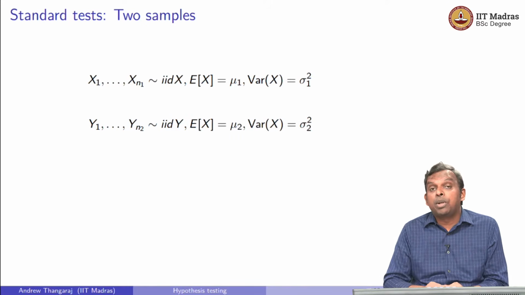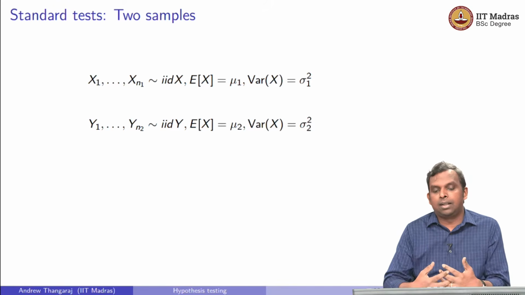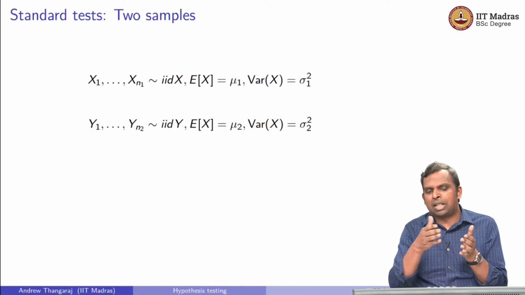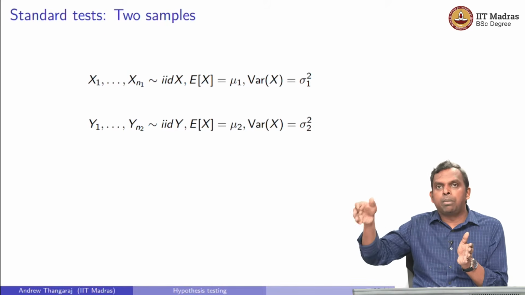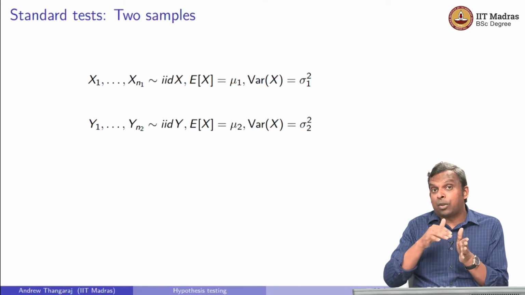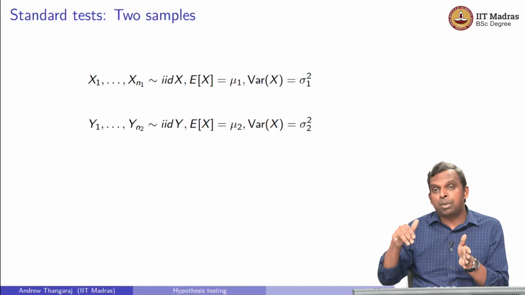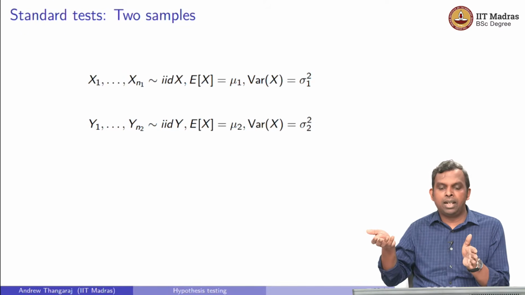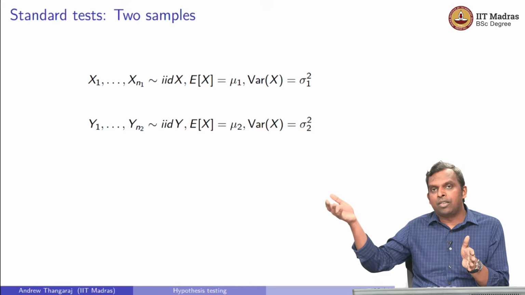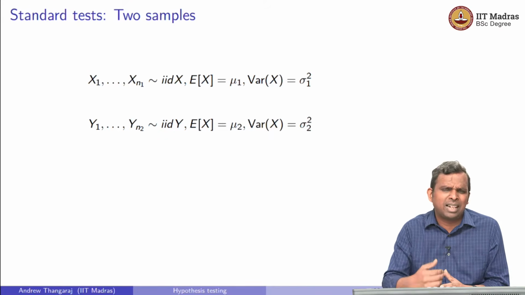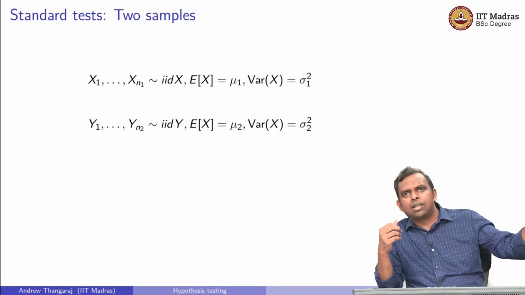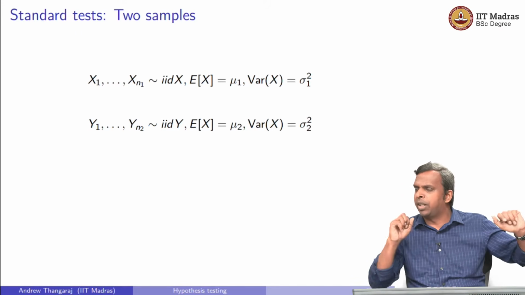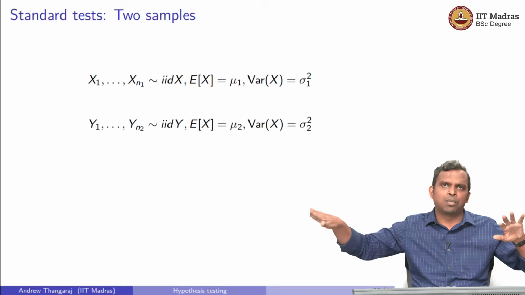You may also have two sample tests. For instance, you may have one set of n1 samples, which you think are from one distribution with one mean and one variance, and another set of n2 samples, from some other distribution, where the mean is something else and the variance is something else. A very typical scenario: you're counting tigers. You go into one forest and count tigers, then go into another forest and count tigers.